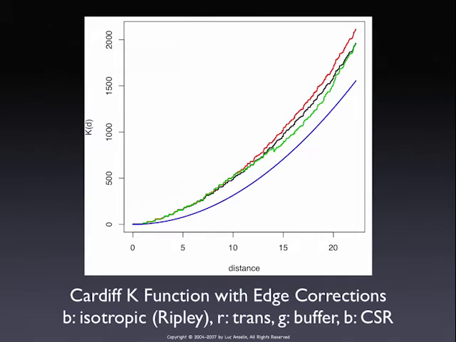And then this red one is the one that uses the flipping of the torus approach. You see, in fact, it doesn't make a lot of difference at the smaller distances, but as you get into the larger distances, the different ways in which you treat the edge effects will start showing differences, because that's when the edge effects are starting to matter. For very small distances, there isn't going to be much in terms of an edge effect.